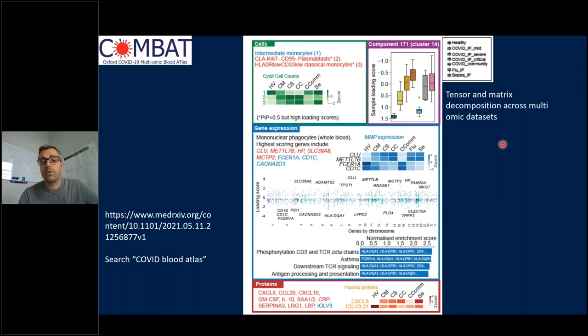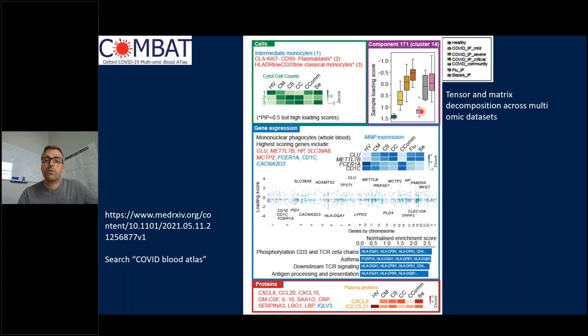The first step here was really just to assemble matrices or tensors, multidimensional matrices that ignore the modality, but put together all the data that show a certain abundance profile. In this case, we have very little signal in the healthy controls, increasing signal with disease severity, some signal in the sepsis cohorts, and not much signal in the community COVID cases.